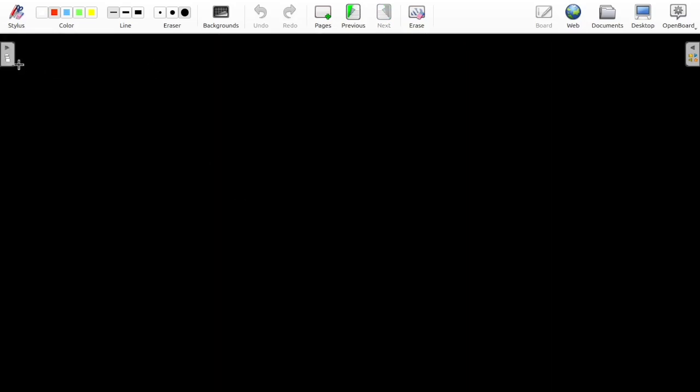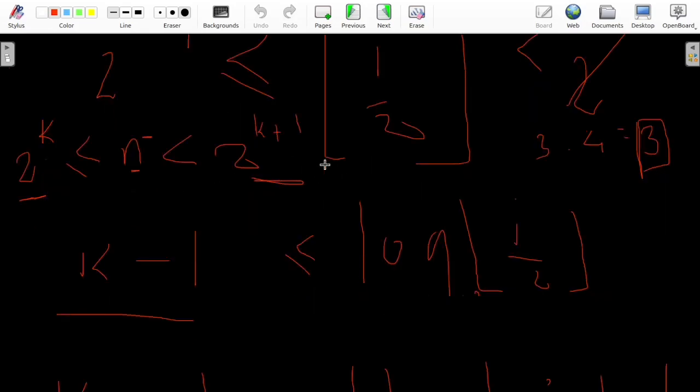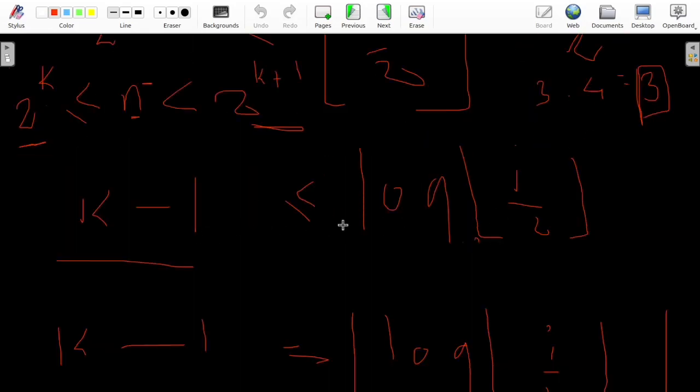Now what happened? We were with this equation. What I said, take log on both sides. Once you take log on both, the equation becomes like this.